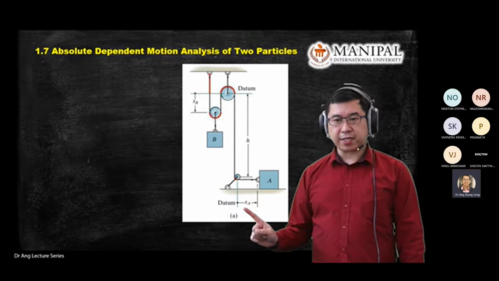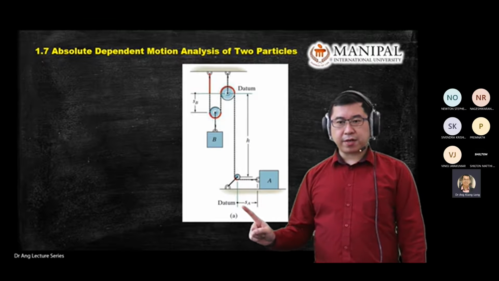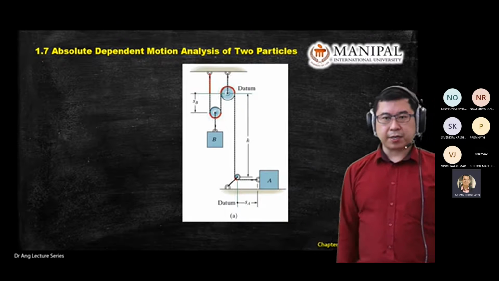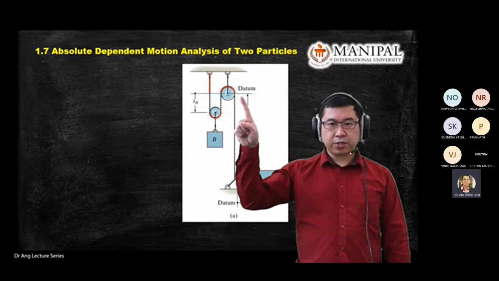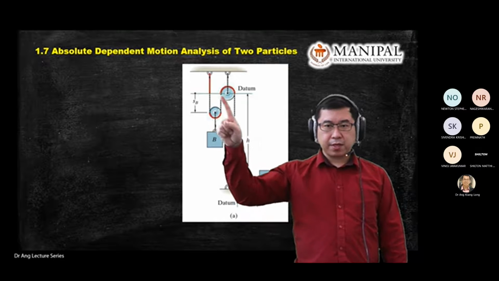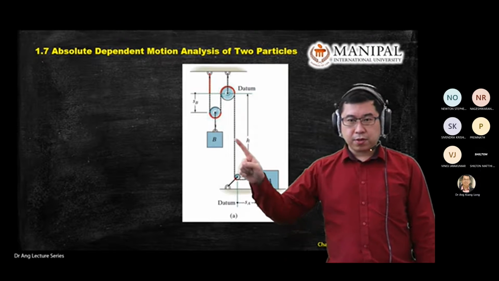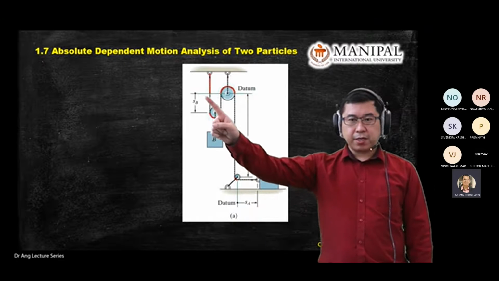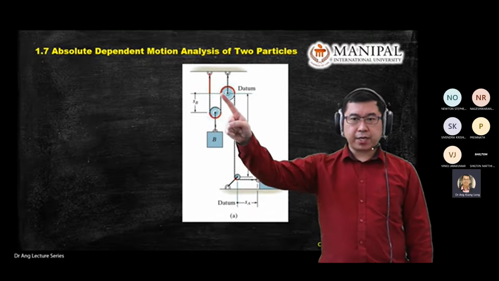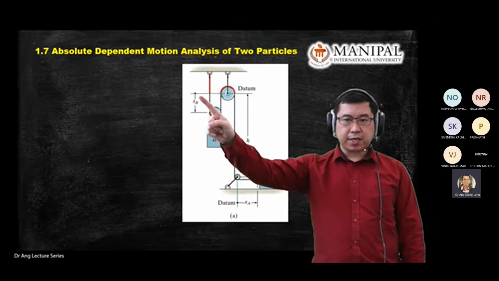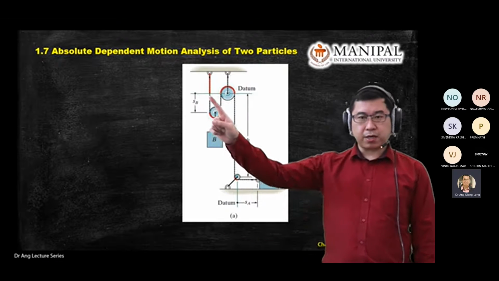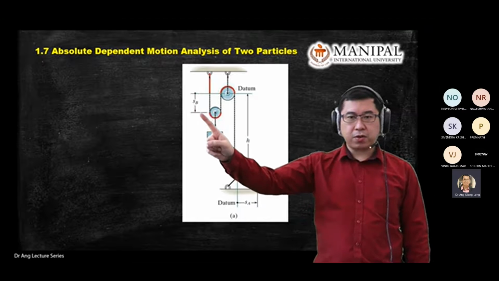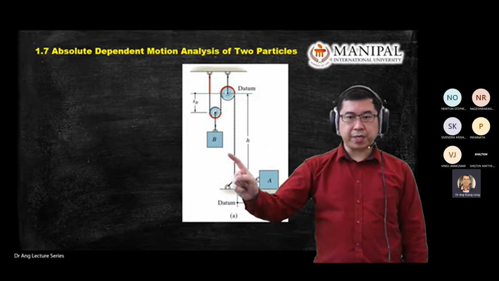So we have a direction for SA, dot to arrowhead, which is this direction, positive, labeled as SA. The datum for object B measures from this datum line to the center of this pulley. It is labeled as SB. Again, look at the direction of your SB, dot to arrow, always dot to arrow. So going down is positive for B.